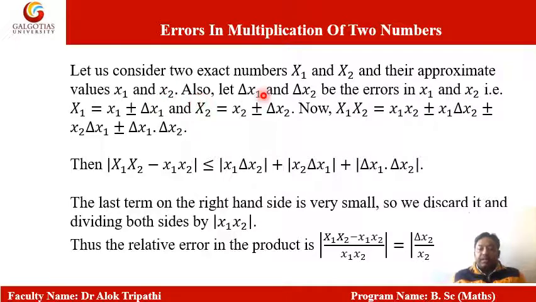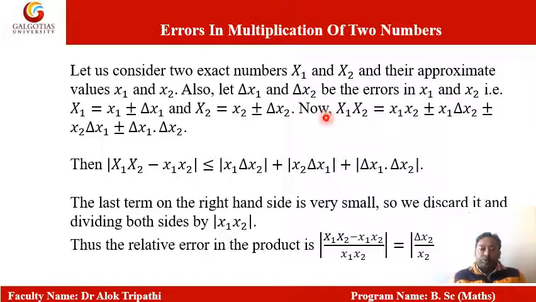Also, delta x1 and delta x2 be the errors in the approximate values x1 and x2. So again, we can write capital X1 is equal to x1 plus minus delta x1. I've already told you that we cannot tell the sign of the error, therefore we have used plus minus sign here. So capital X1 is equal to small x1 plus minus the error delta x1, and capital X2 is equal to small x2 plus minus delta x2.